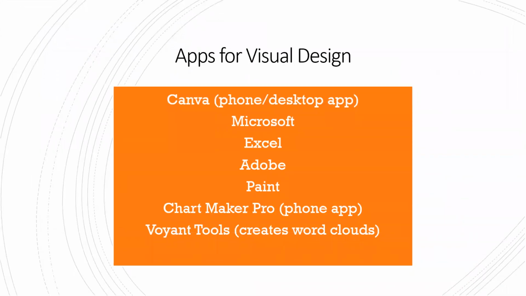These are ideas for apps in which you can go to create your visual design. And you can even just go to wherever you download apps and type in budget. You can type in chart, and then you'll get free options for that.